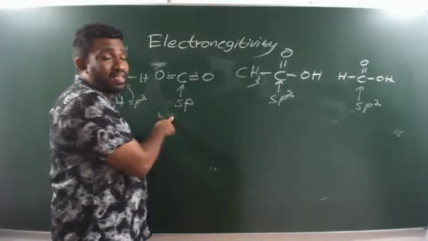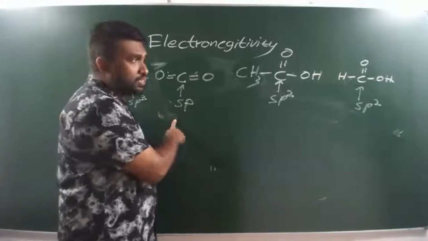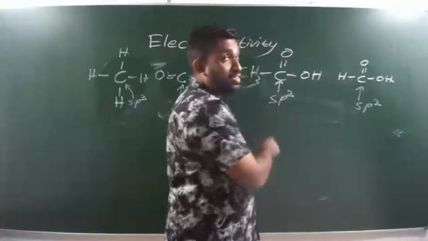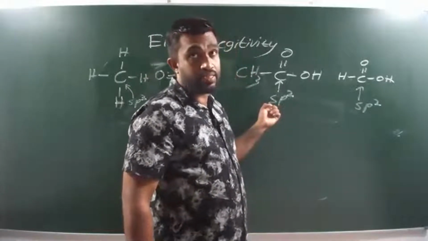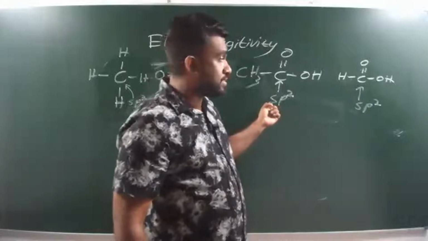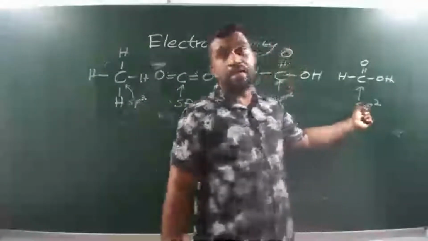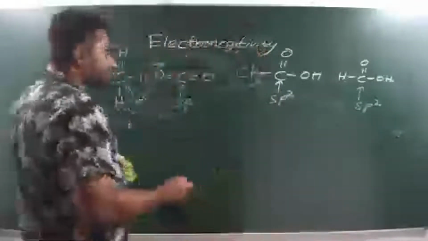CO2 has sp hybridization, and the S percentage is 50%. Acetic acid has sp2 hybridization, and the S percentage is 33.33%. And here, same sp2, the S percentage is 33.33%.